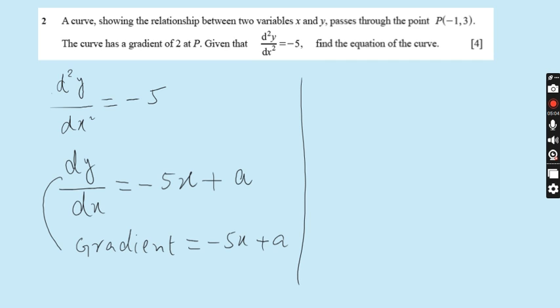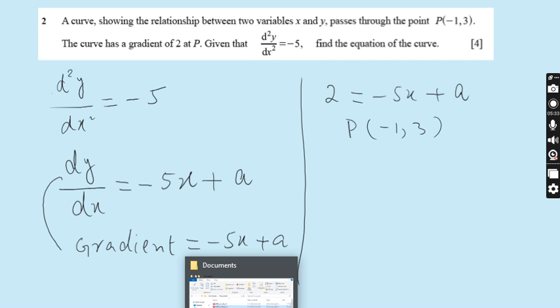The value of the gradient is given. You can see in the question, the curve has a gradient of 2. So 2 is equals to -5x + a. Again read, the curve has a gradient of 2 at P. What is P? P is given (-1, 3).